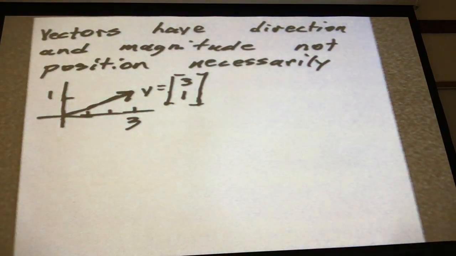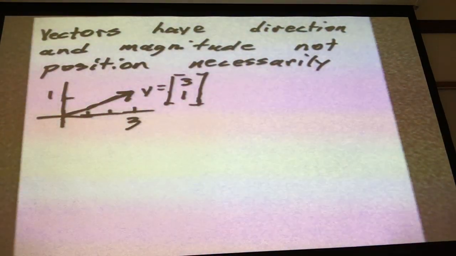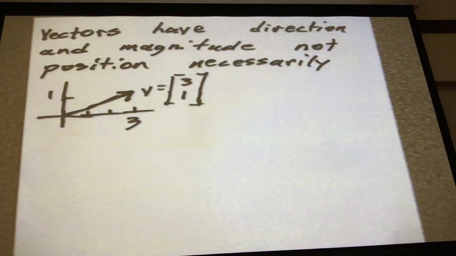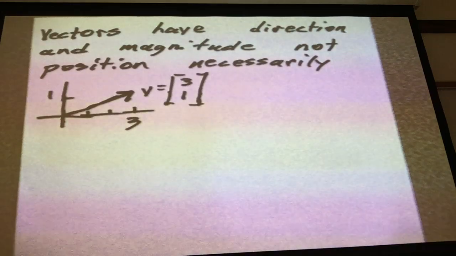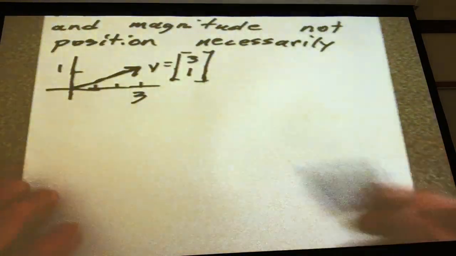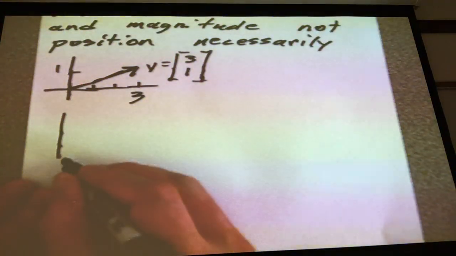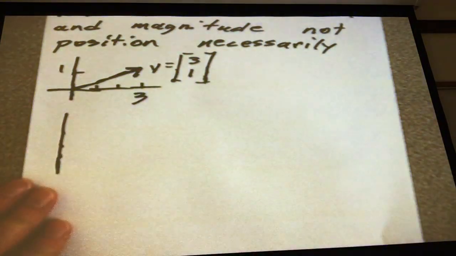So what if I talk about a vector out in space? I mean, that's how we create vector fields. So a vector out in space, let's say, let's go down a little bit more.